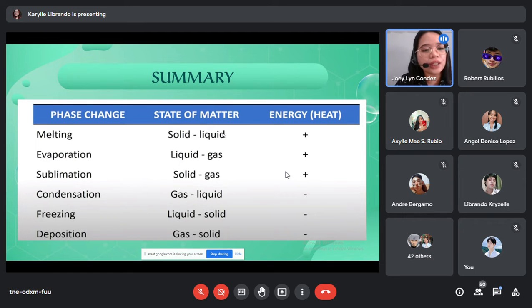Sublimation, solid to gas, we need to add heat energy. For condensation, freezing, and deposition, we need to remove heat energy for these processes to occur. To change gas to liquid, we need to remove heat energy. Same goes with liquid to solid and gas to solid.